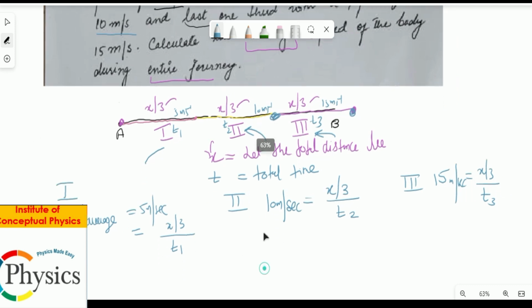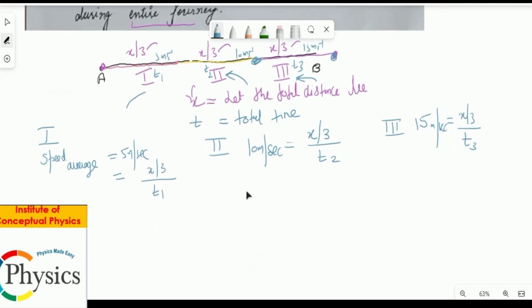The total time of the journey, t, should be equal to the sum of the individual times: this is the time taken to cover the first 1/3, this is the time to cover the second 1/3, and this is the time to cover the last 1/3.